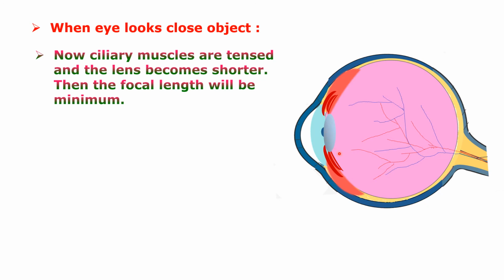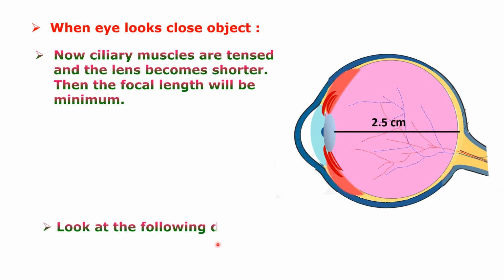Now the image distance is constant here, that is the distance between the eye lens and the retina, it is 2.5 centimeters always. Now look at the following diagram. Let us observe how the eye lens will form the image on the retina, in this case, that is when the eye looks at a close object.